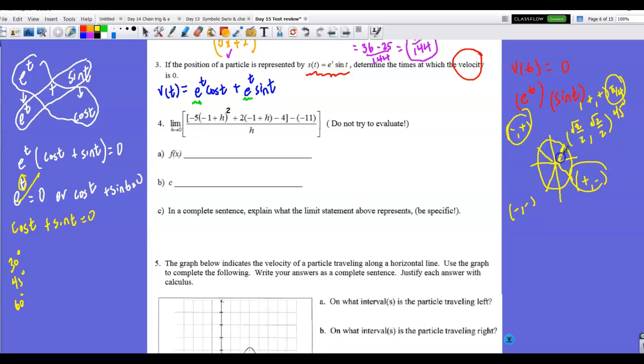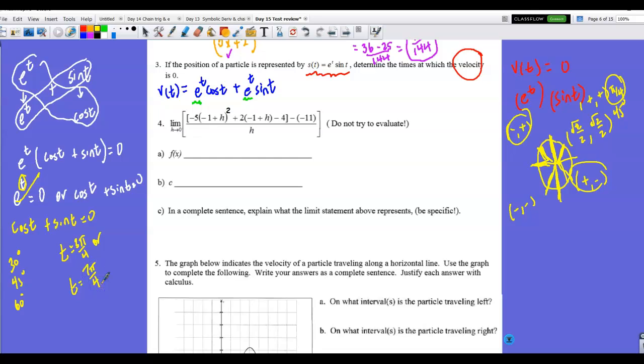So right here, watch, this is pi over 4, 2 pi over 4, 3 pi over 4. So one of my answers of t is equal to 3 pi over 4, or t is equal to, let's keep counting, this was 3, 4, 5, 6, 7 pi over 4.